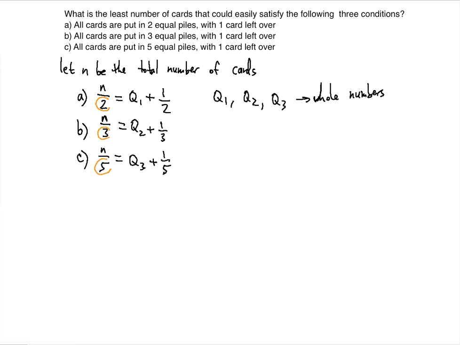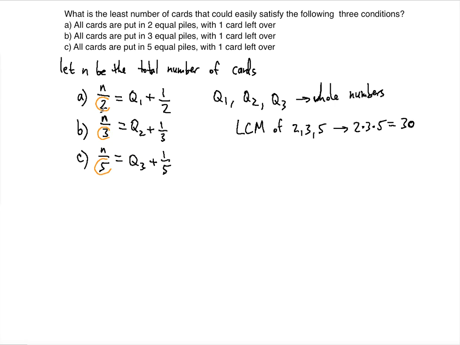So we have to seek the least common denominator, well, I should say least common multiple of 2, 3, and 5. And what is that going to be? That's going to be the product of these three, 2 times 3 times 5, so that's going to be 30.